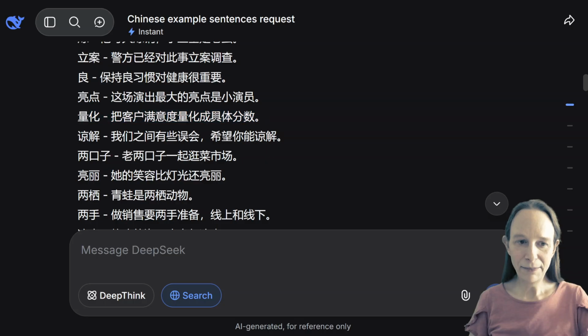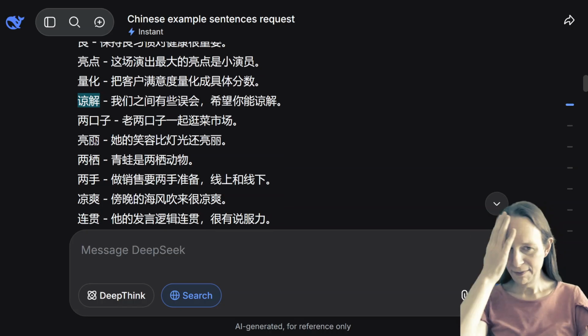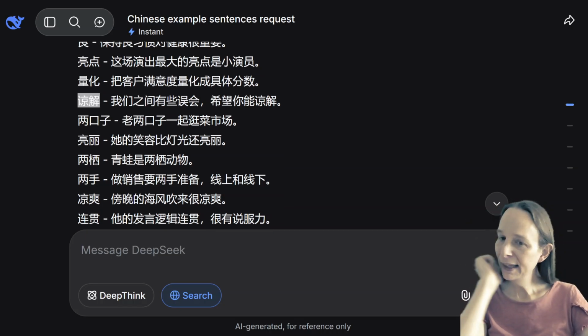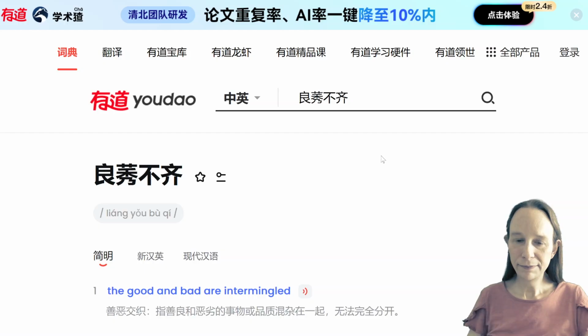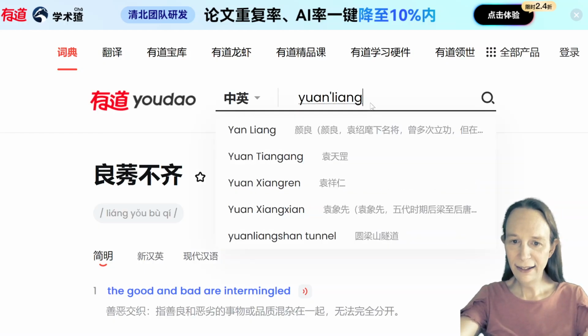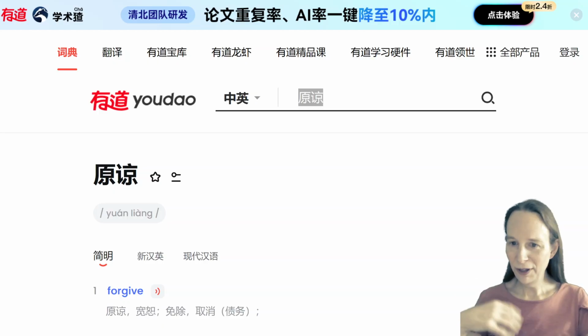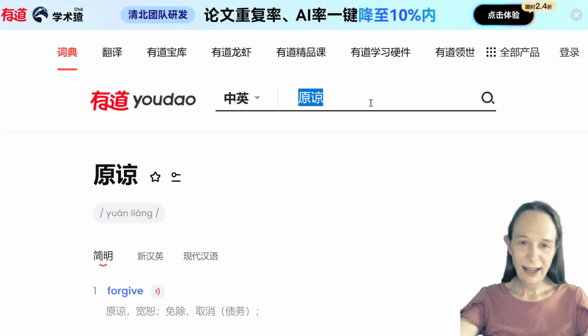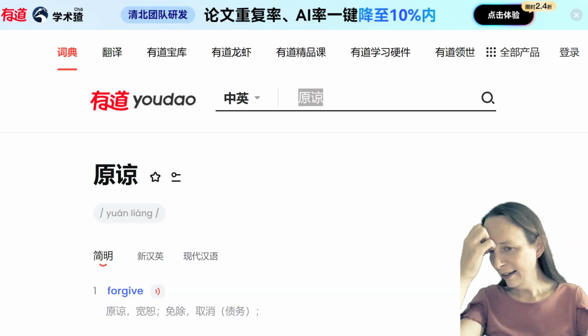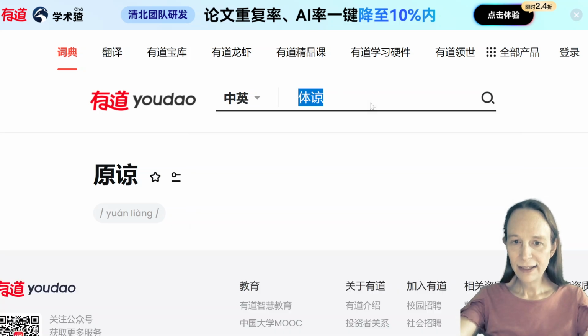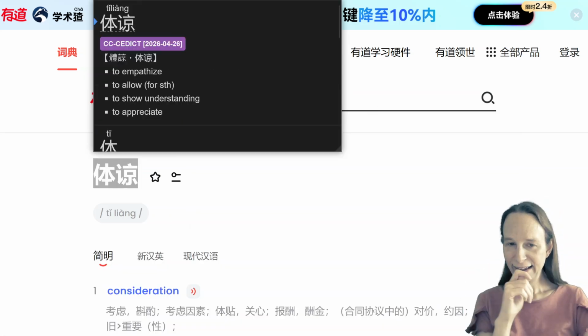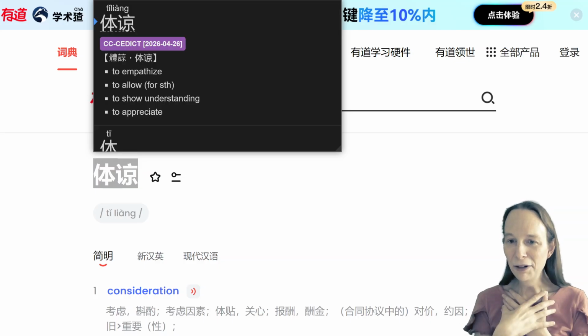So you're measuring customer satisfaction, but you want to do it numerically so you can compare, so convert it to numbers. 谅解. You might know 谅 from 原谅, forgiving, or 原谅你, I forgive you, and 体谅, empathy. 老师应该体谅学生.